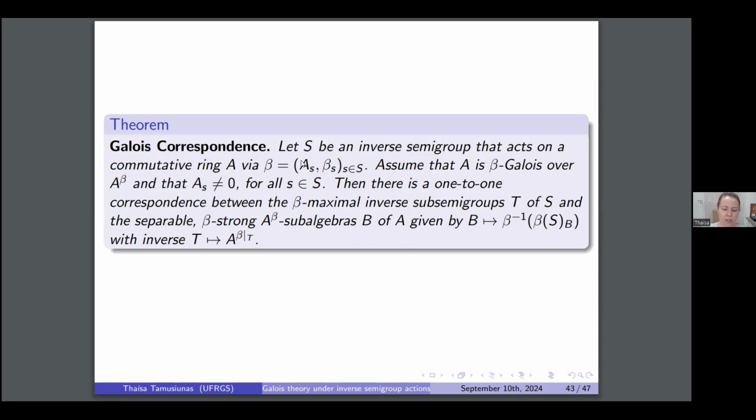This correspondence is concerning inverse semigroups without zero. When restricting to the E-unitary case, we have exactly the same correspondence, because in that context, beta maximal is exactly the beta complete.